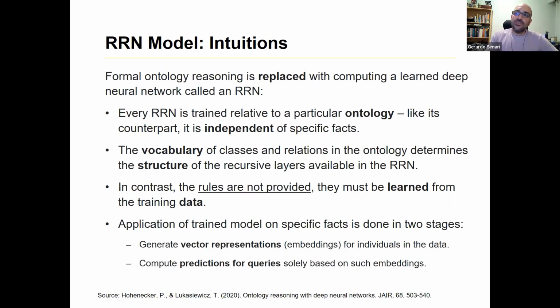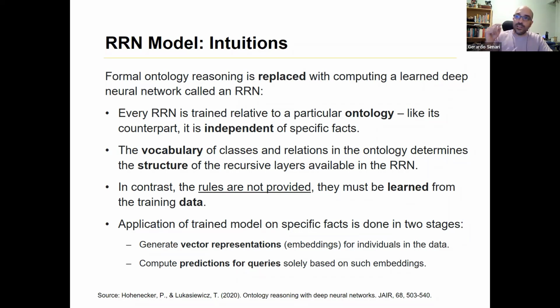So the idea is then to replace formal ontological reasoning with computing a deep neural network called an RRN that is trained relative to a particular ontology. So it will be independent of specific facts, and the vocabulary of classes and relations will determine the structure of the layers in the RRN, as we'll see. And as I was just mentioning, the rules are not provided, so they must be learned from the training data.